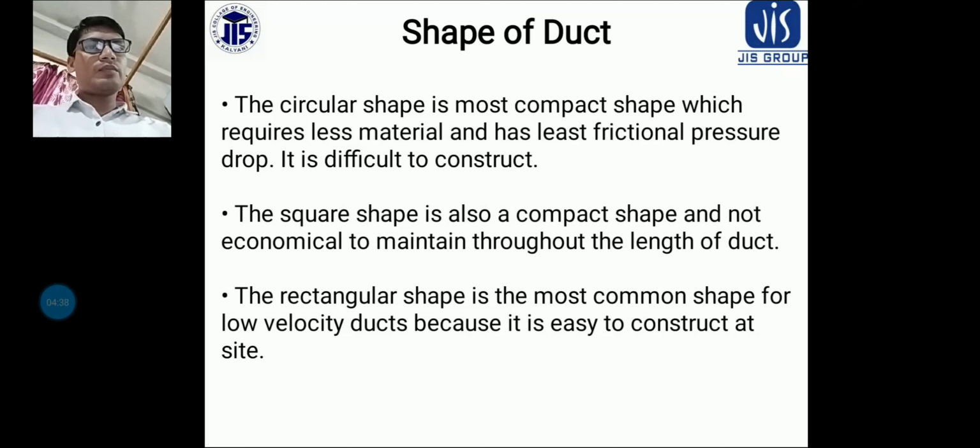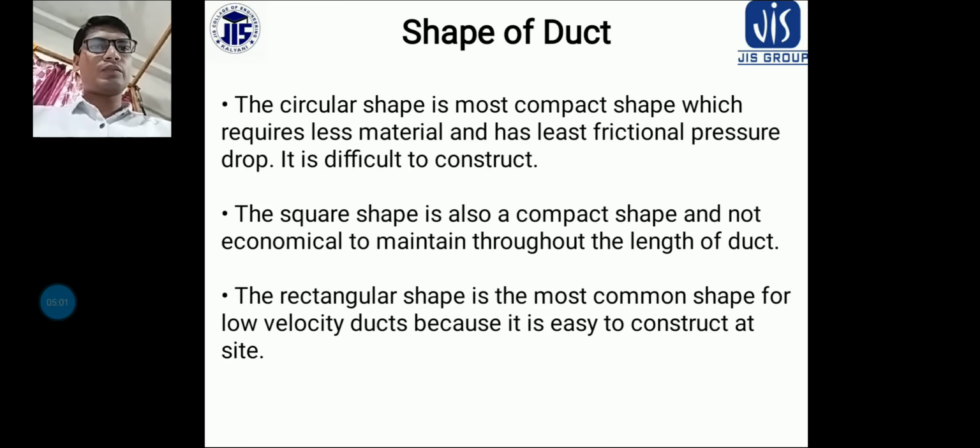If I am talking about the shape of the duct, the circular shape is the most compact shape, which requires less material and has the least frictional pressure drop, and it is difficult to construct. So for most things we are using this circular shape duct. Why?